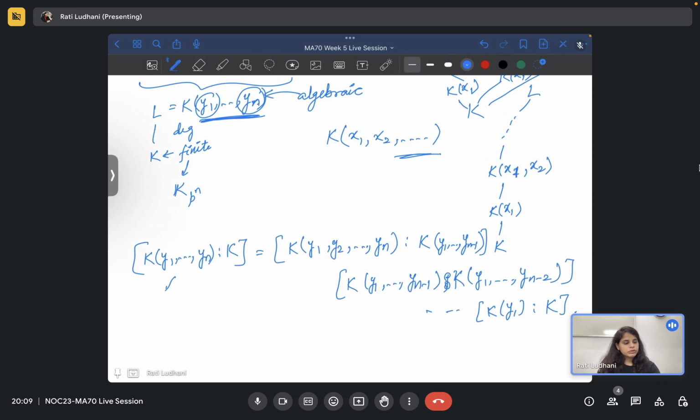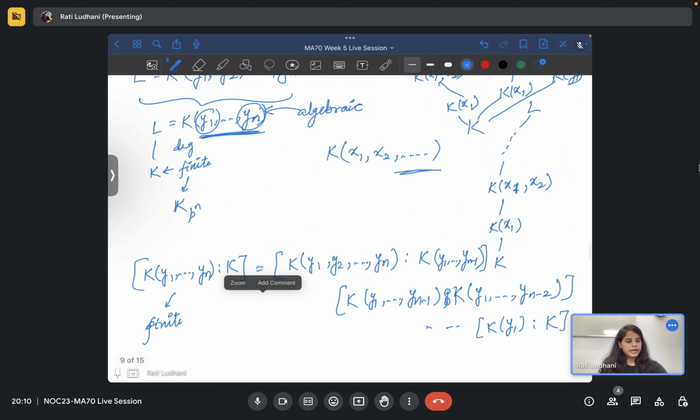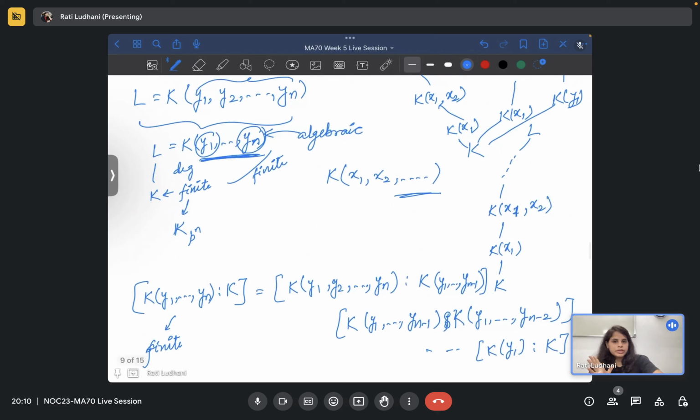So this will also be a finite extension. So you have a finite field and you have a finite extension. All algebraic extensions need not be finite, as I have already said, but this is a finite extension.